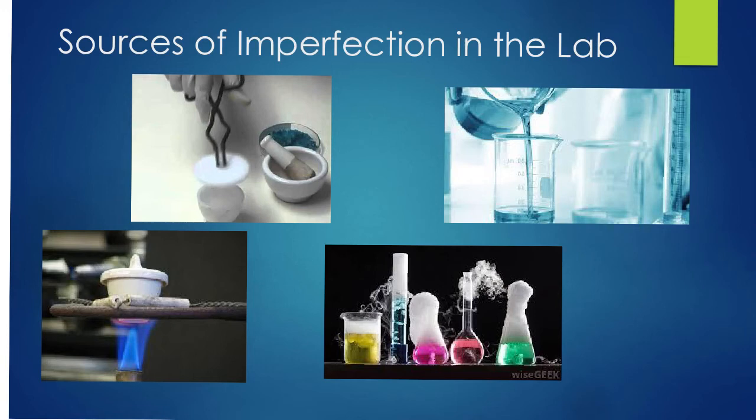Keeping in mind, in order for something to react, these molecules have to be in contact with each other. Is every molecule going to be in contact with every other molecule? You want to think about some of these things when we're figuring out why the reaction doesn't go to 100% completion.